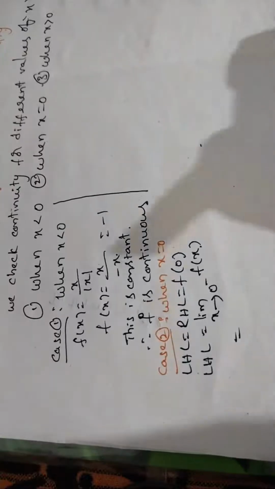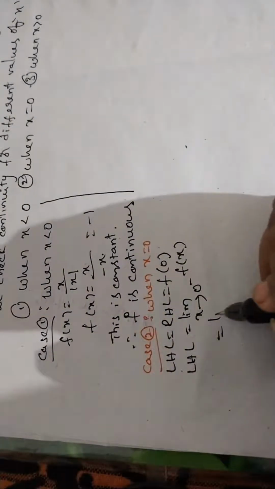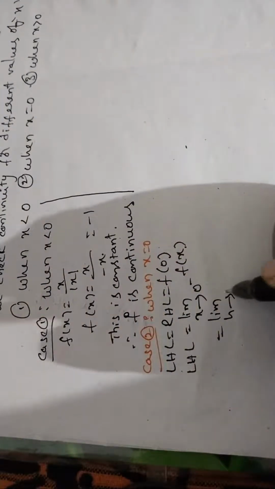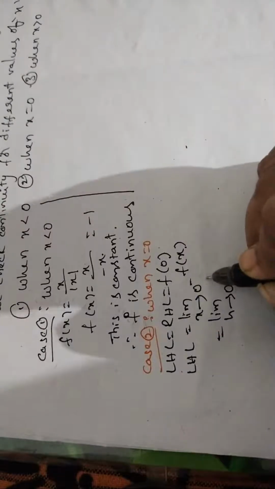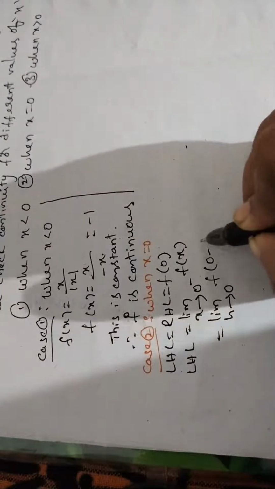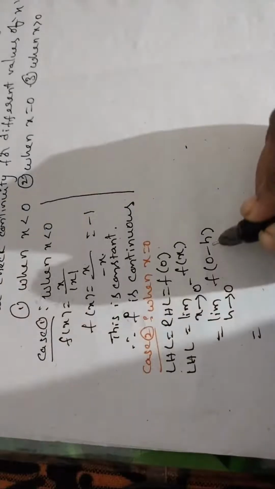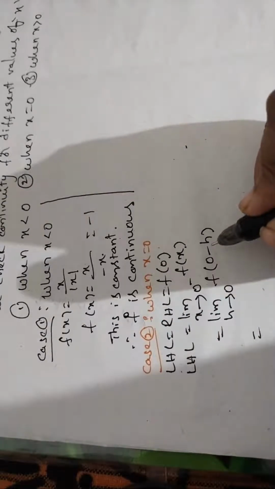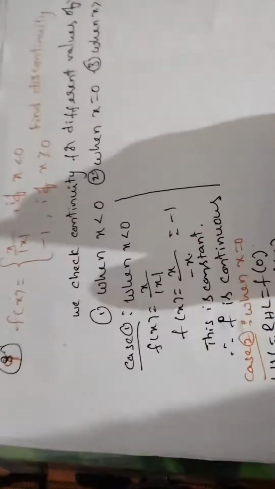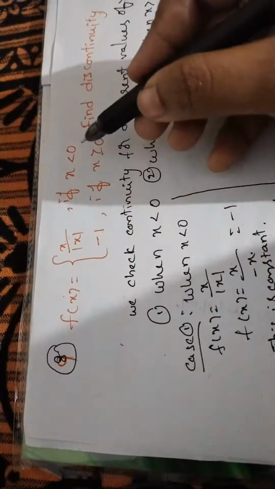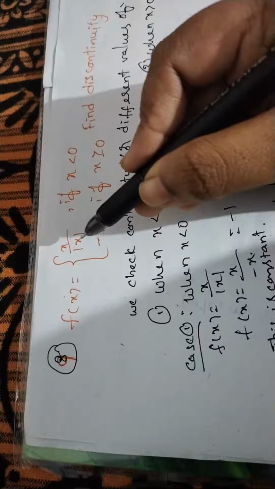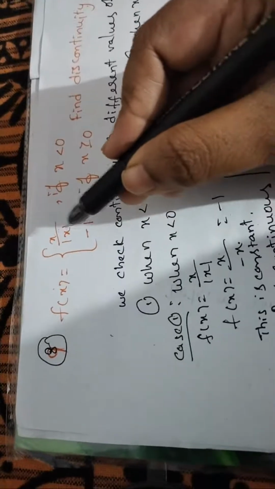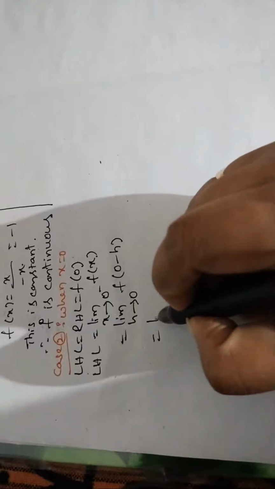Now I replace x by h. Limit h tends to 0, then f of 0 minus h. Now 0 minus, what is the function at the time? 0 minus means less than of 0. Less than of 0 is x by mod x. So this is the function x by mod x.